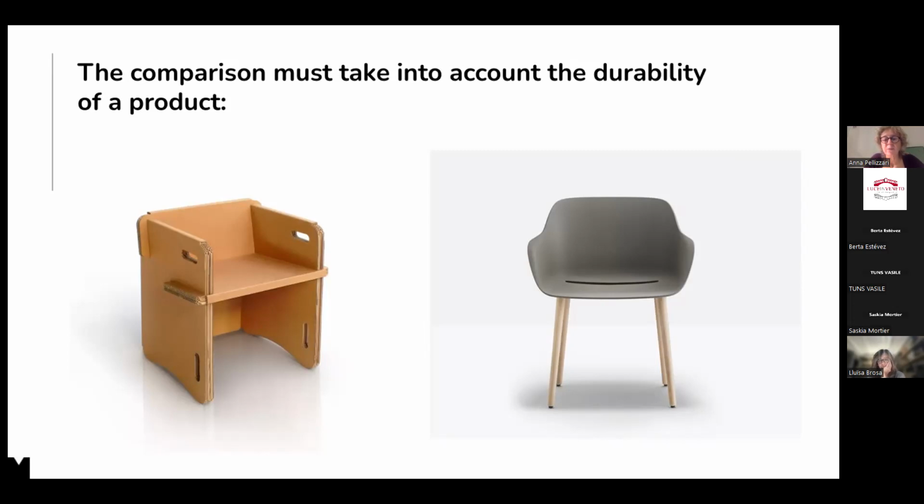But when you compare it in terms of durability, then for sure the plastic chair wins, because the durability is much, much longer, and you would need to multiply the impact of one single cardboard chair to compare it in the same time perspective as a plastic chair.